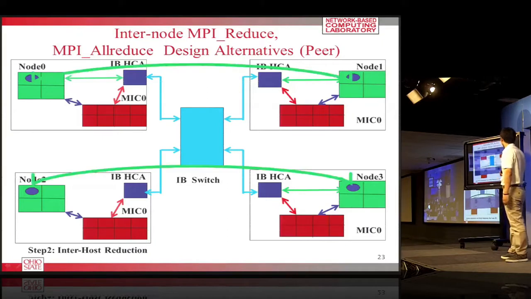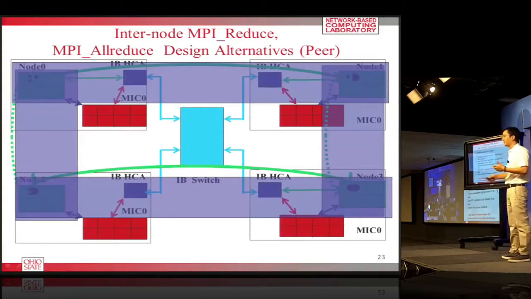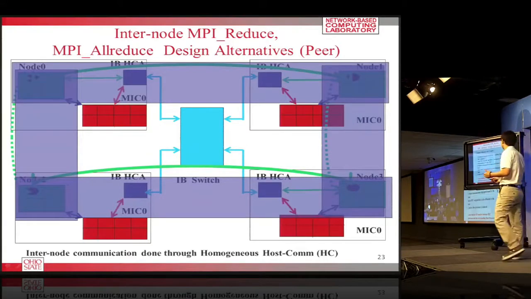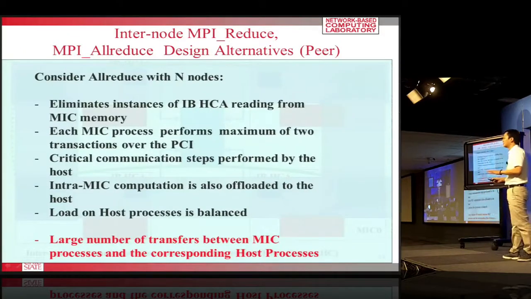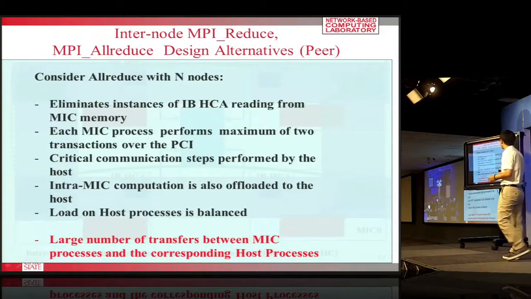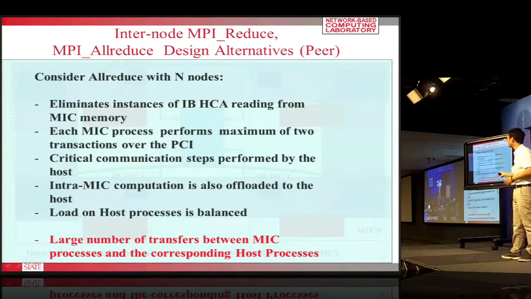For this design, we have all of the advantages of the previous two designs, and we can also make the load more balanced for the host processes. However, there is still a large number of transfers, but this cannot be avoided.